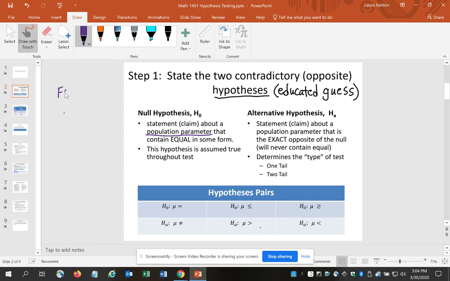Our focus is going to be on the mean, and specifically on one mean, because you can also conduct a hypothesis test with two means. There's also a procedure where you can look at three or more means. So we're going to focus on the population parameter of the mean. And remember, we use Greek letters for the population. So our Greek letter for the mean is mu.